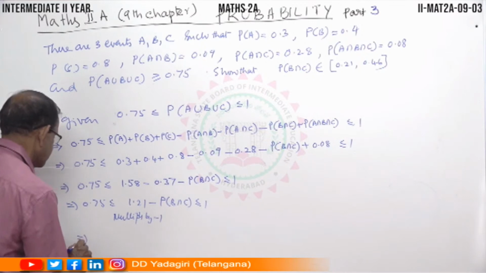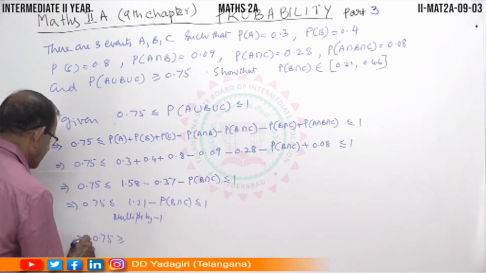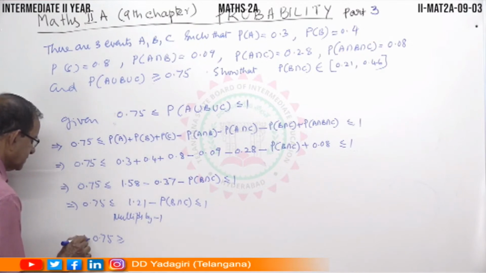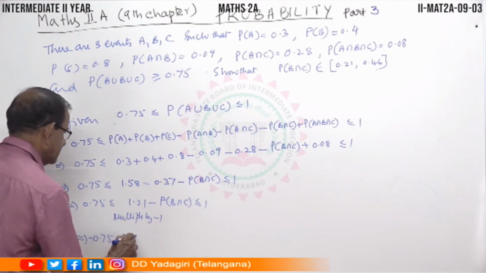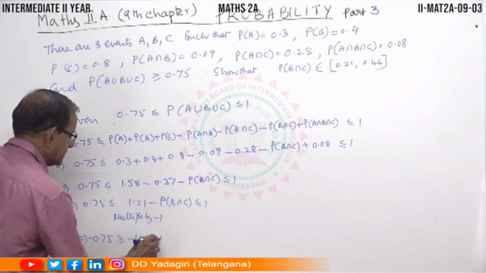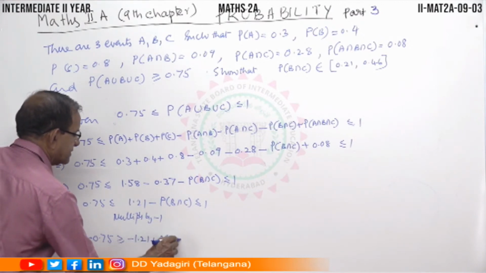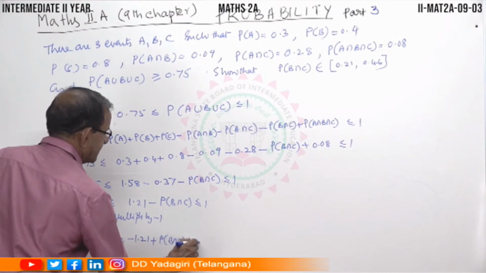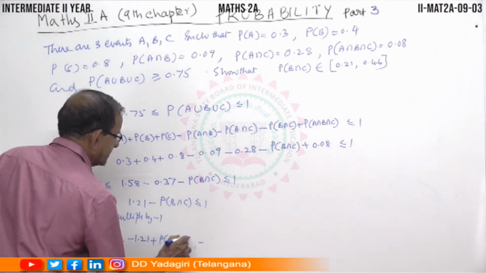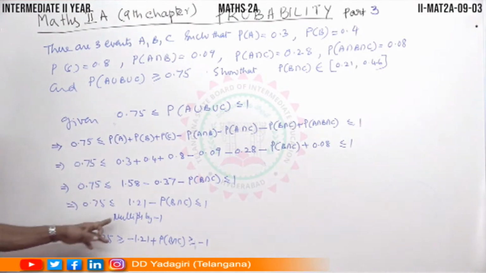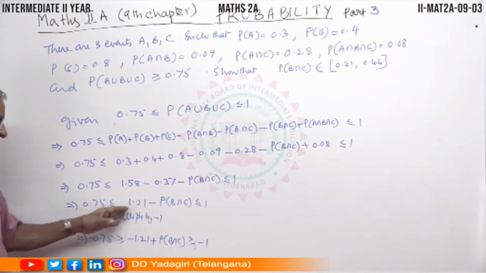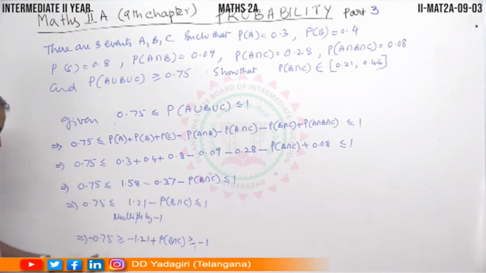That implies 0.75 now will become minus 0.75, greater than or equal to minus 1.21 plus P of B intersection C, greater than or equal to minus 1. Because we multiplied with minus 1, less than will become greater than.